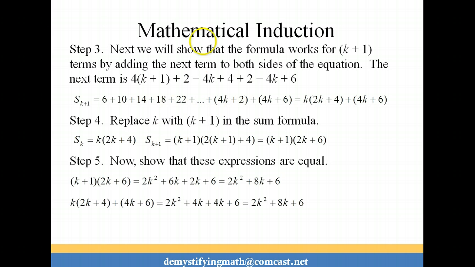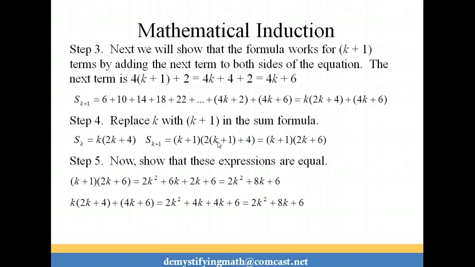So this means that it works for the first term, and it's working for the k plus 1 term, which is the second term. And then we could make k be 2, and it would be working for the third term. And then we could go through and make k be 4, and it will work for the fifth term, and so on and so on. So it's going to work for all of the terms.